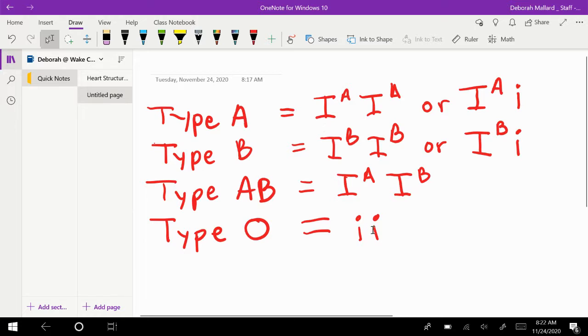So these over here, this is what we're going to be using when we work out Punnett squares for different individuals. All right, this we would say is homozygous type A blood. This is heterozygous type A. This is homozygous type B. Or excuse me, this is heterozygous type B. This is homozygous type B. AB, it's just this. If someone is type AB blood, this is their genotype. If somebody is O, they're going to be two lowercase i's.